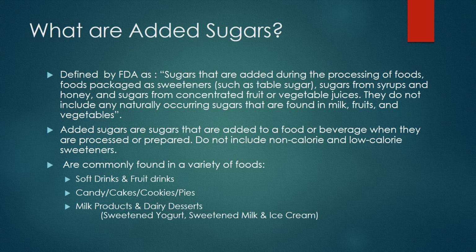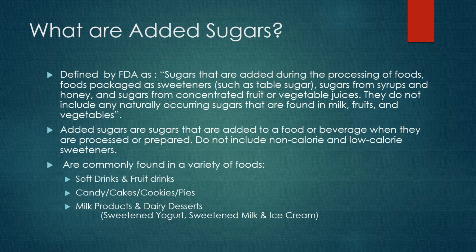What are added sugars? As the name implies, added sugars are sugars that are added to food or beverage when it is processed or prepared. It does not include non-calorie or low-calorie sweeteners.